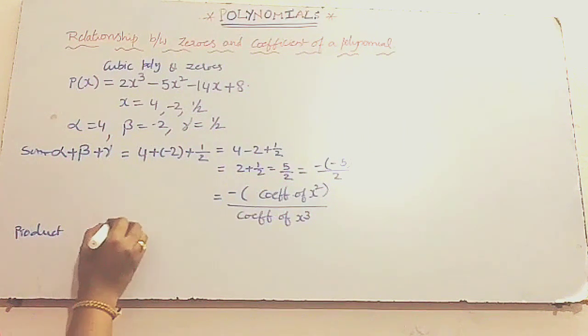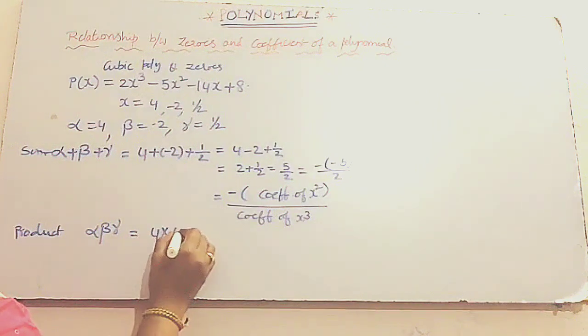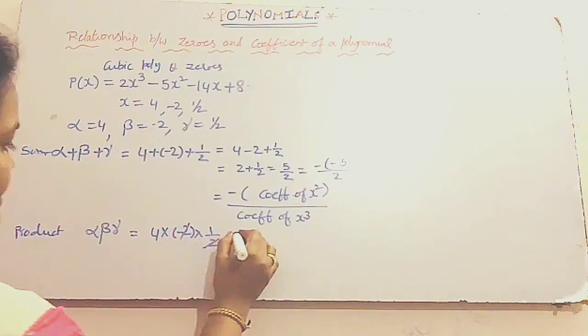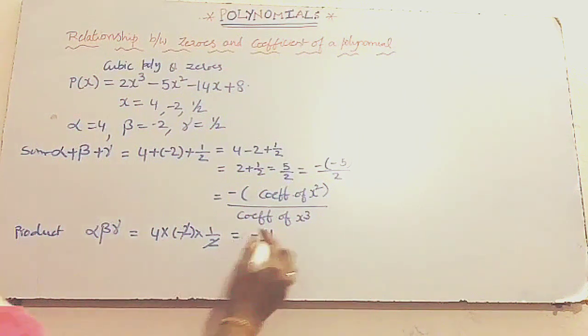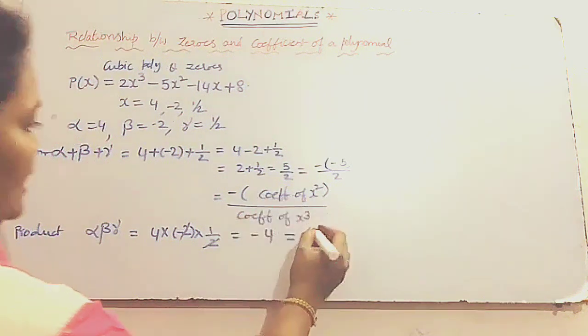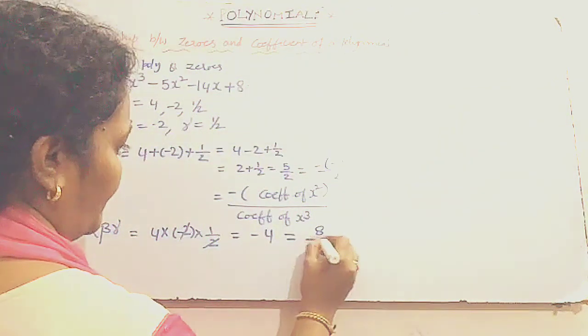Alpha, beta, gamma. So 4 into minus 2 into 1 by 2. That means these two and these two get cancelled. That is equal to minus 4. Now I will write minus 4 as 8 by 2.